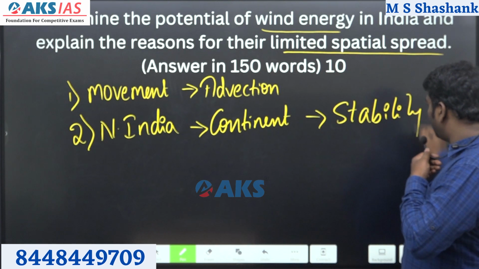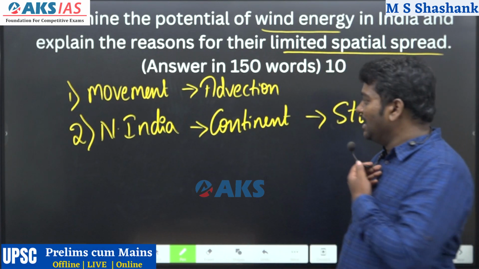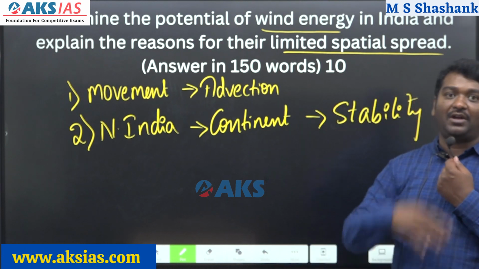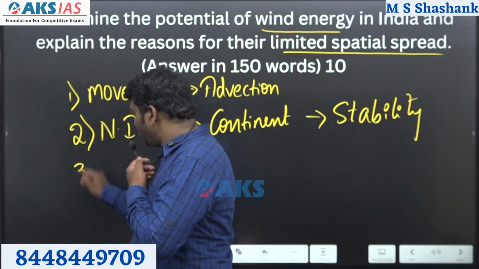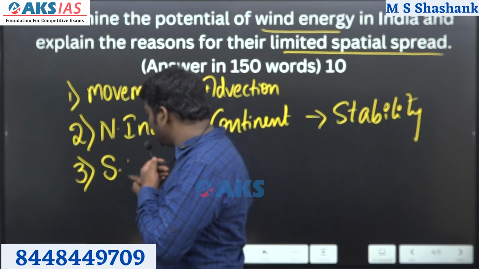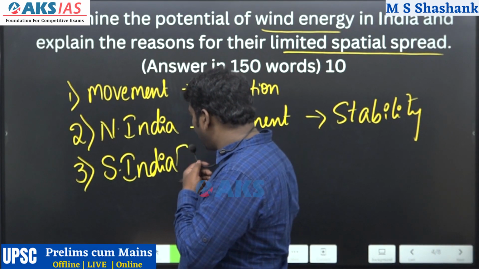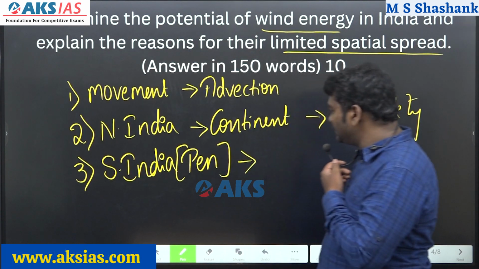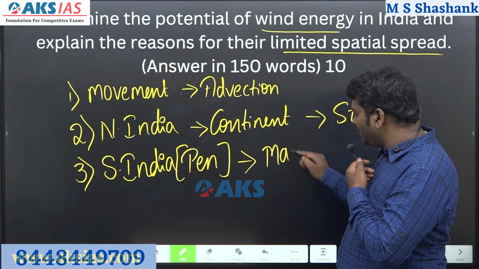As you have atmospheric stability, wind energy potential is extremely less, and this is one of the reason why you have pollution and all getting accumulated in this part. And then the most important potential for us is South India. In geographical terms, if I have to call, it is peninsular India. And in peninsular India, potential is more because of marine climate.